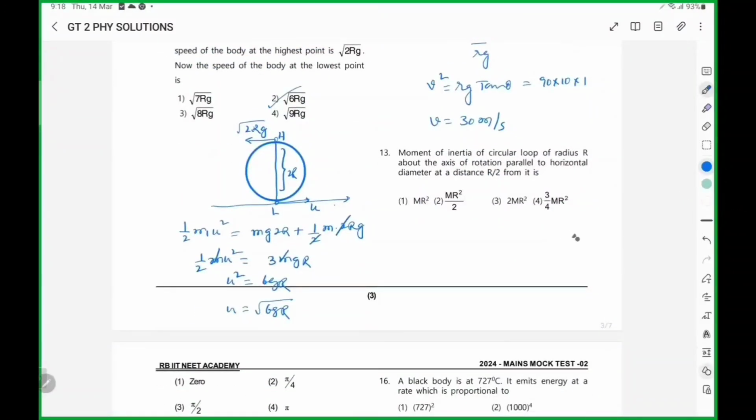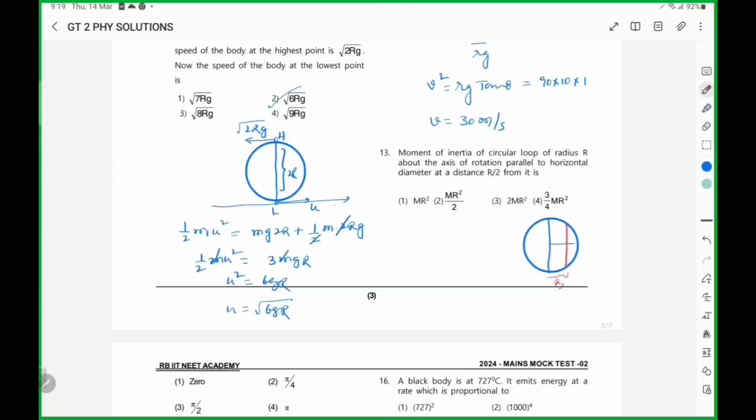Moment of inertia of a circular loop of radius R about an axis of rotation parallel to the horizontal diameter and at a distance R by 2 from the diameter.